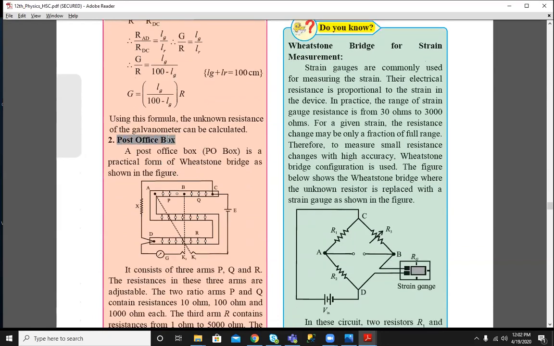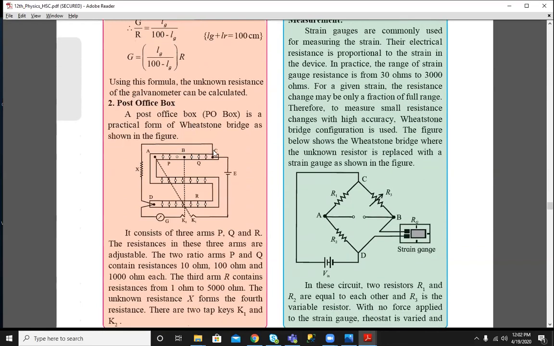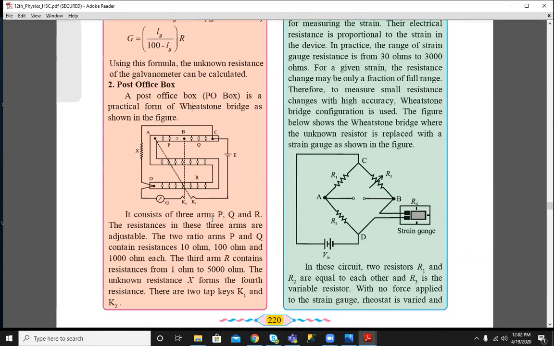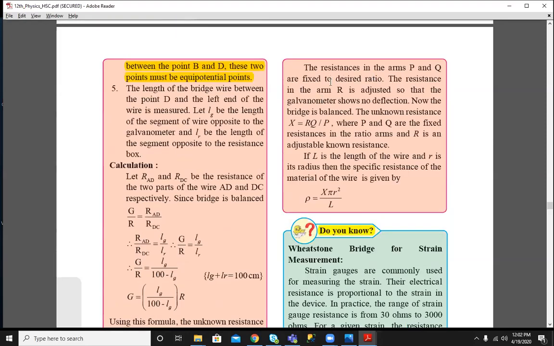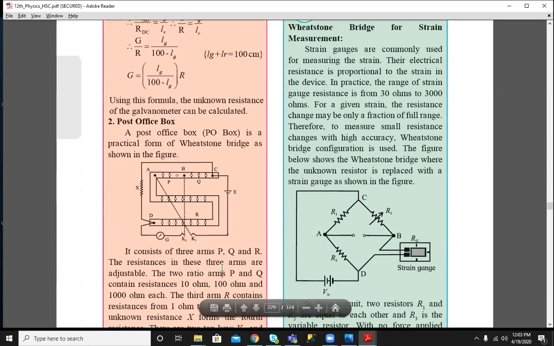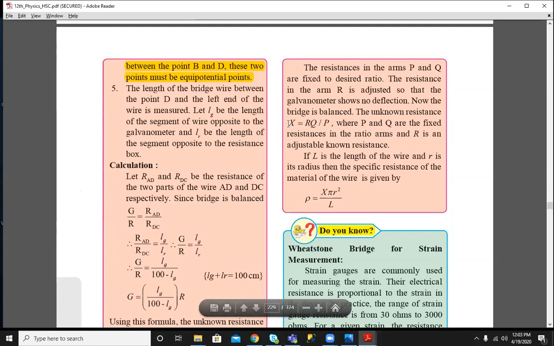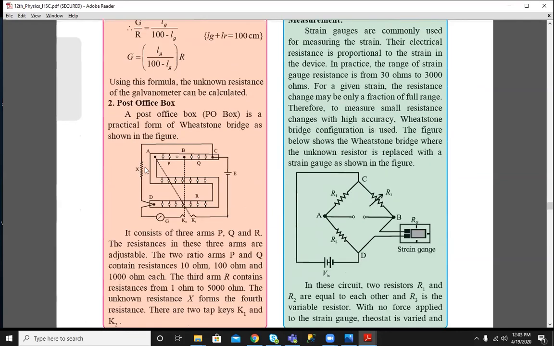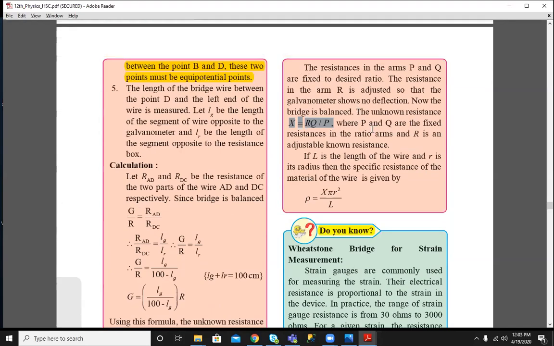The post office box is also a practical form of the Wheatstone bridge to determine unknown resistance. It consists of three arms, along which resistances are kept. Just remember the formula directly. The unknown resistance we keep here, where P and Q are the fixed resistances in the ratio arms, and R is an adjustable known resistance.